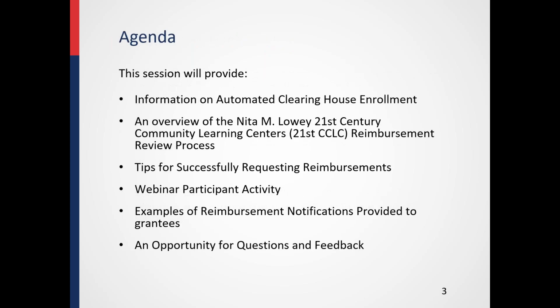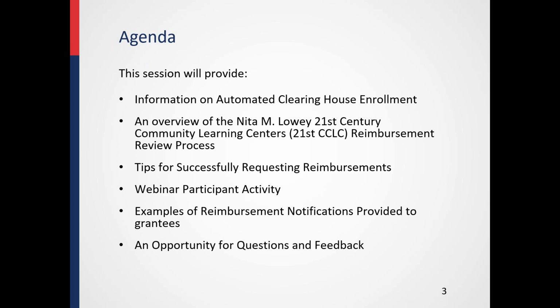In our agenda today, we'll provide information on how to sign up for automated clearinghouse enrollment in order to get payments for the reimbursement requests that you make for the grant. We'll do an overview of the 21st Century Reimbursement Request Review process. We'll give you some tips for successfully requesting reimbursements and getting approval on the first submission.